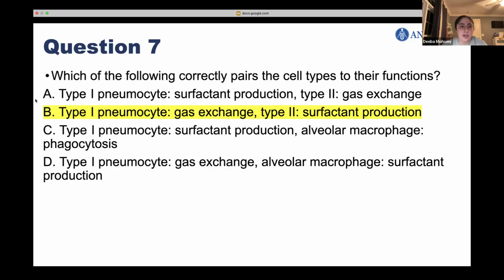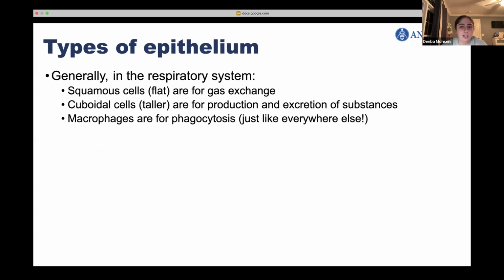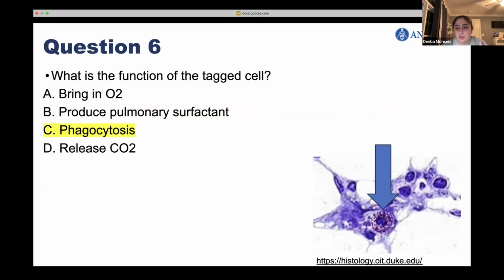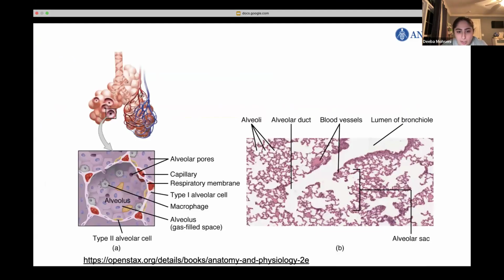And then we will go back to question 6. This cell right here is actually an alveolar macrophage, and we will point it out right here. That is your alveolar macrophage. It's hard to see on this slide.